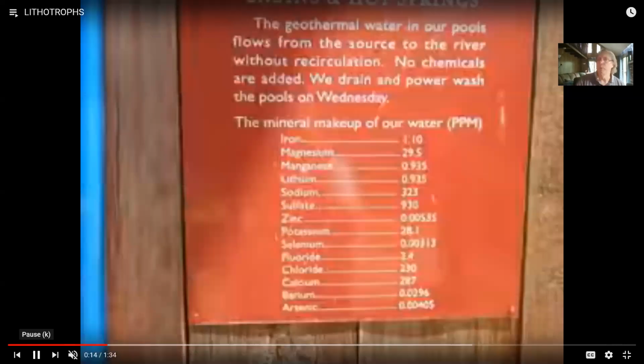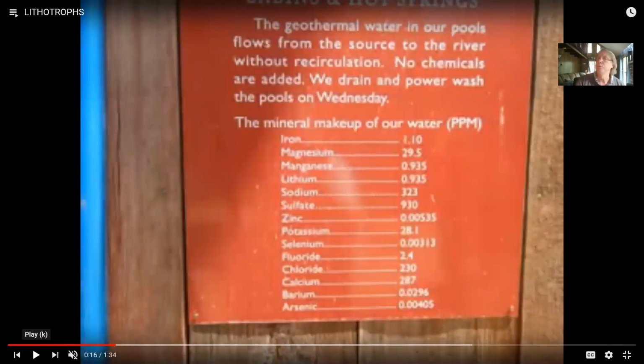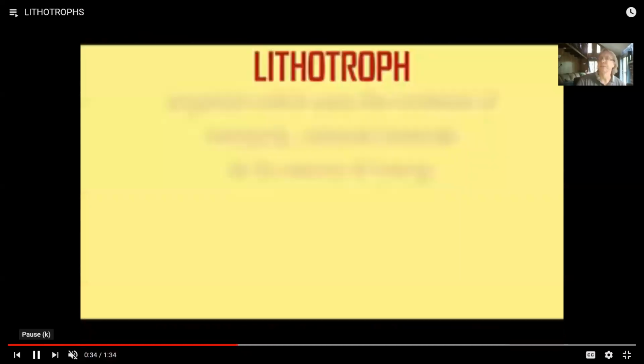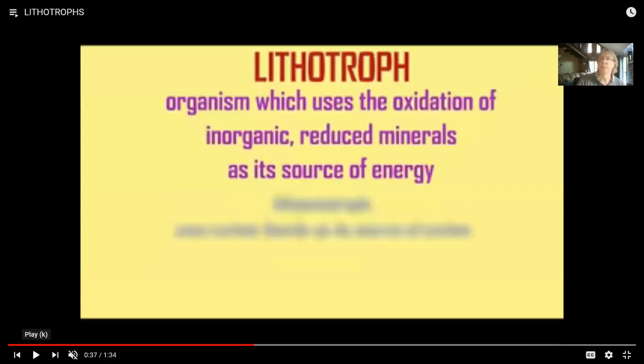So for example, if bacteria are exposed to minerals, for example in geothermal water, if you ever visit a hot spring, they may display the minerals which are available. In deep sea sediments, there are minerals. Bacteria can be found here, and they can convert certain minerals from this reduced form to this oxidized form, and in the process they can get energy. So some bacteria are lithotrophs.